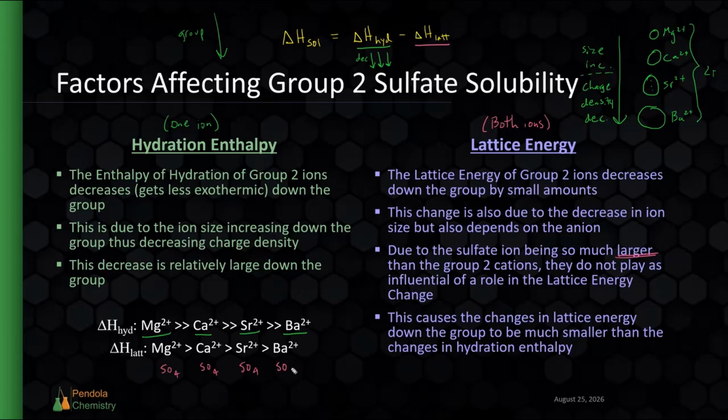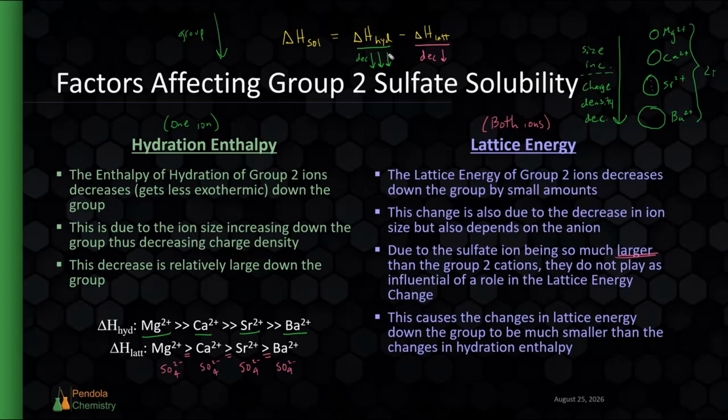And because SO4 is such an influential large ion, the decrease that we see is very small, as denoted by only one greater than sign. The lattice energy does decrease as we go down the group, but it decreases only by a little. We'll only put one arrow here.